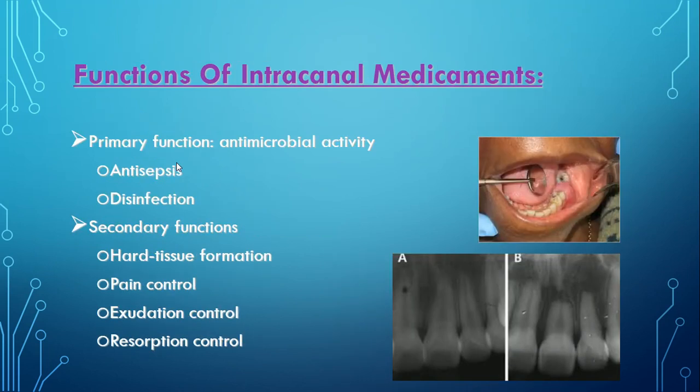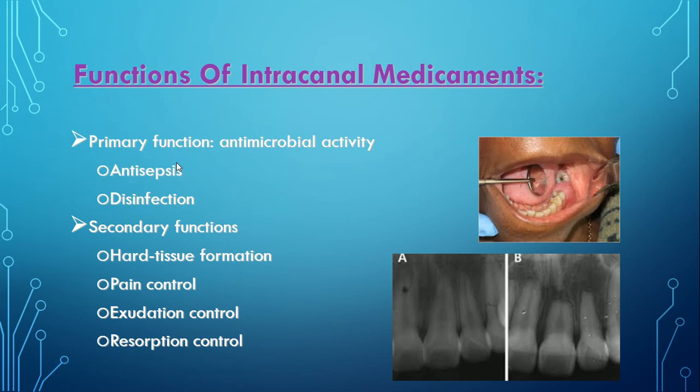What are the different functions of intracanal medicaments? There are some primary functions and some secondary functions. The primary function of the intracanal medicament is antimicrobial activity, which is antisepsis and disinfection of the canal.